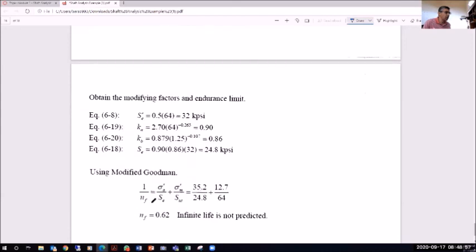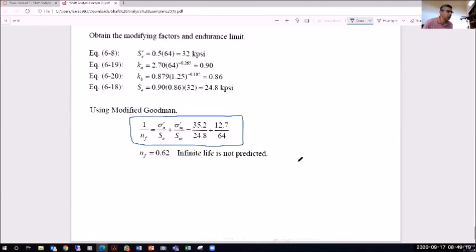But for a fatigue equation, this is my modified Goodman. And again, please note that here we have stresses and we are just finding a design factor. That's why I call homeworks 1, 2, and 3 shaft analysis problems and not shaft design. As we get into homework 4, we are going to be doing a shaft design, which is what we are doing this week. So we use this equation here to find nf.